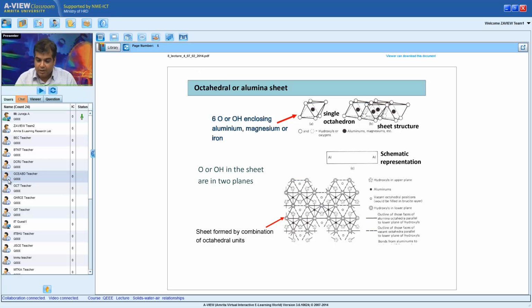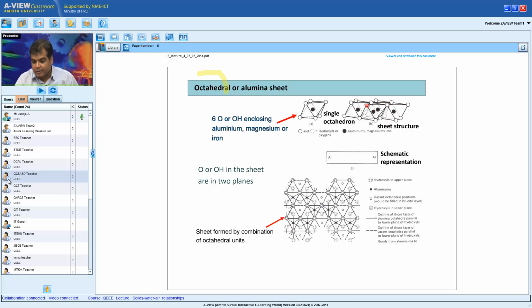And because we call it octahedral, it's an 8-sided figure. Please count the sides, it's 8 sides. So 1, 2, 3, 4, 5, 6, top 7 and bottom 8. And each of these 8 sides, you can see that they're connected to make a sheet.